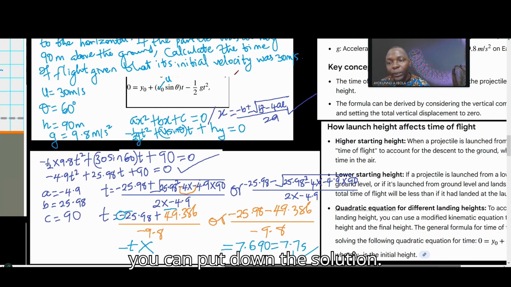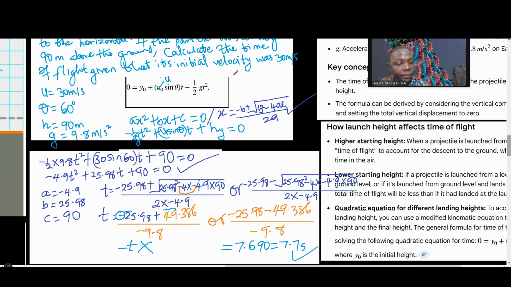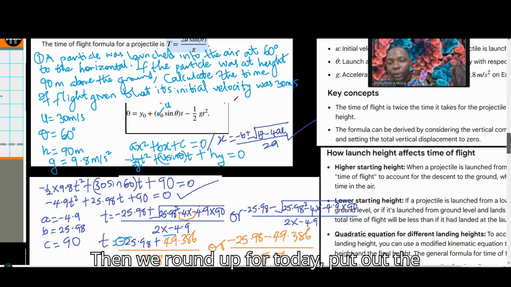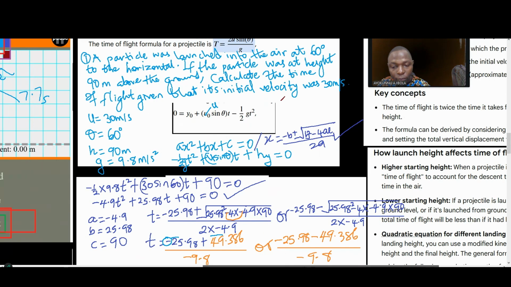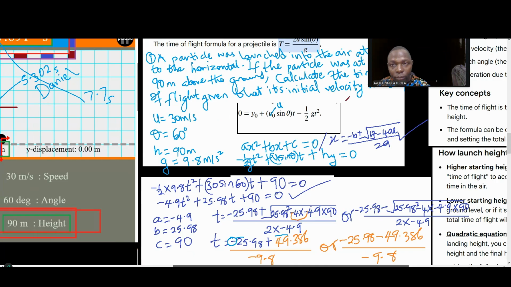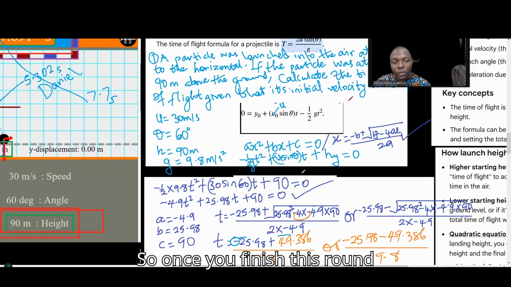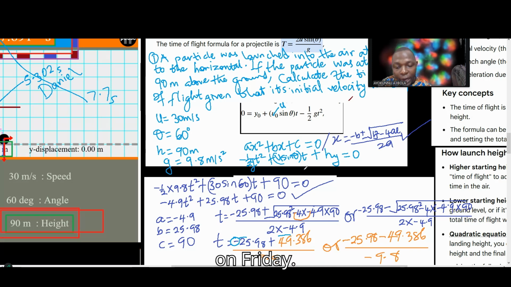Now you can put down the solution. Then we round up for today. Put down the question and the solution. Okay? Okay, sir. Once you finish this, we round up, then you expect your test on Friday.